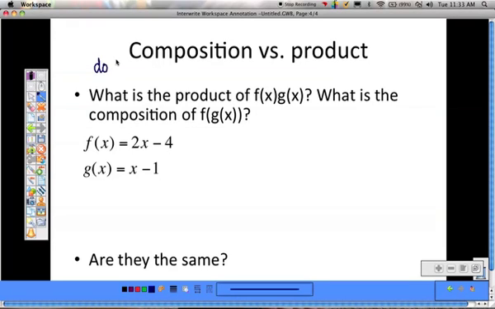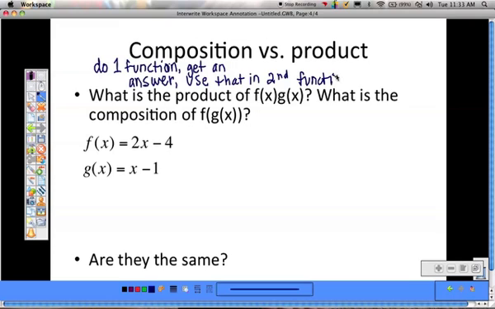So do one function, get an answer, use that in the second function. A product means multiply. So product, you're multiplying the functions. Are they the same? So let's try it.